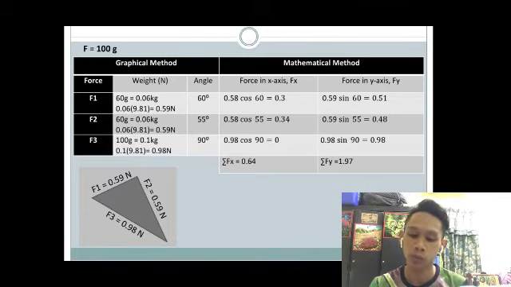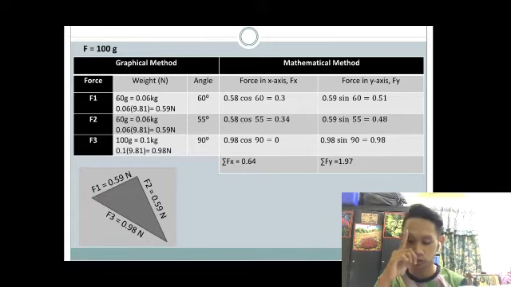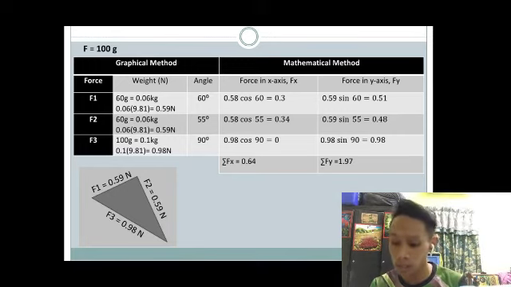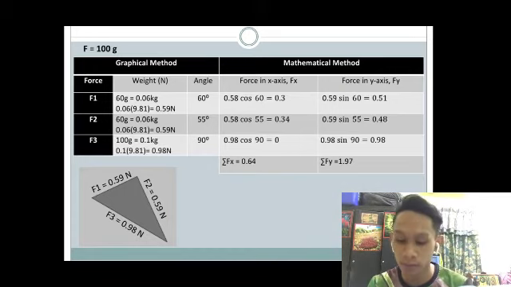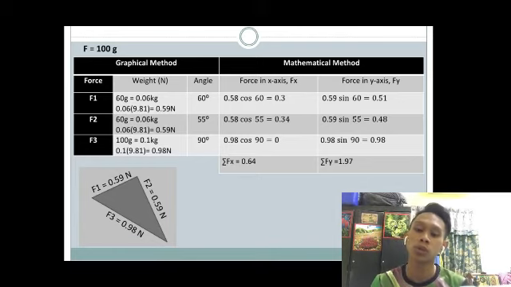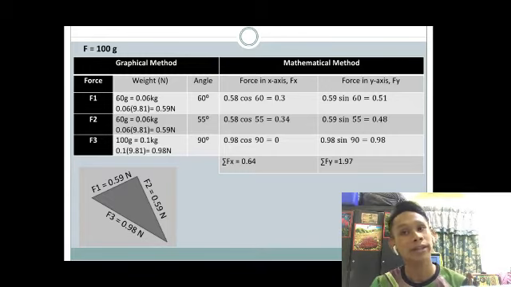Adding all the results, for the x axis we got 0.6318 Newton, and lastly for the y axis we got 1.9718 Newton. For the formula we use for calculation, for the x axis we use cos, and for the y axis we use sin.